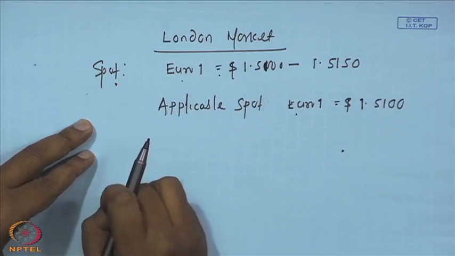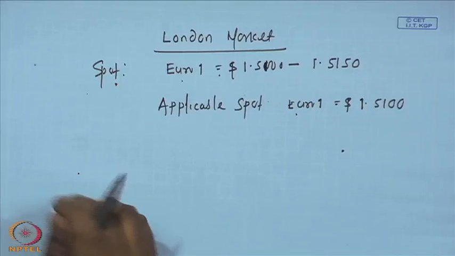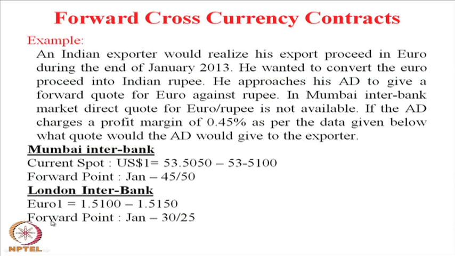After this, I have to calculate for the January month. For the January month forward premium, you see the forward points for January are 30, 25: the first one is 30, the second one is 25. What does it mean? It means that the dollar is appreciating and the euro is depreciating.